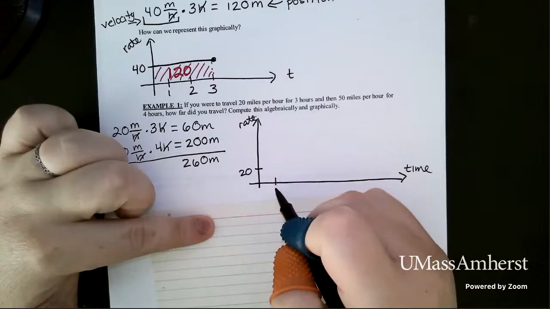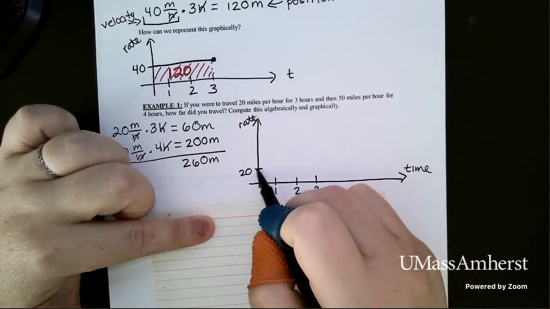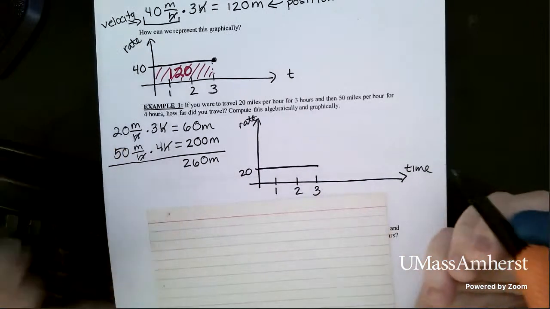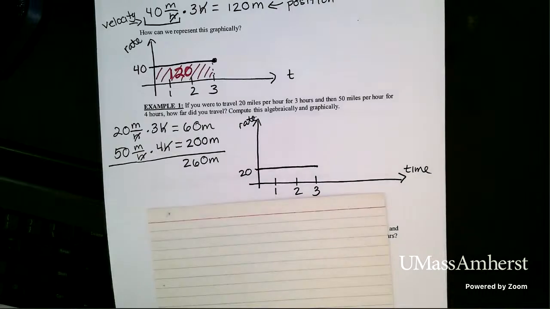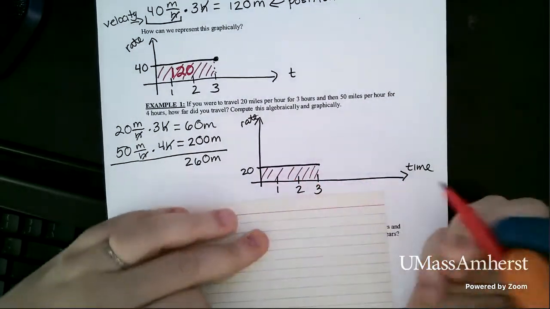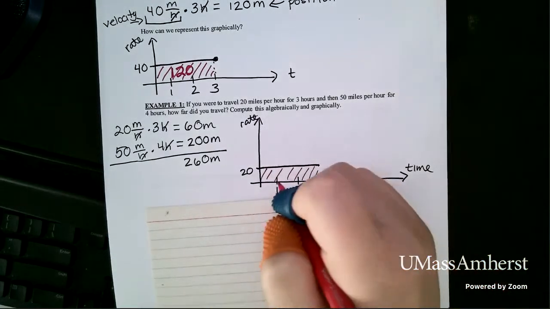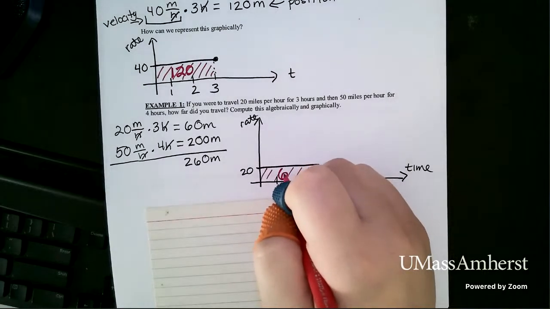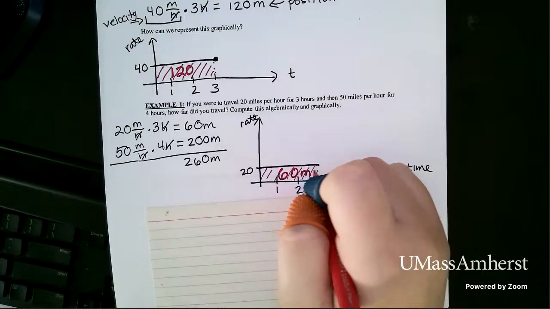So time equals 0, 1, 2, 3. So we have this constant rate for 3 hours. So if we want to talk about this in terms of area, right? The area underneath is a rectangle. It's a 20 by 3 rectangle, which is where we get our 60 miles for the first part of our trip.